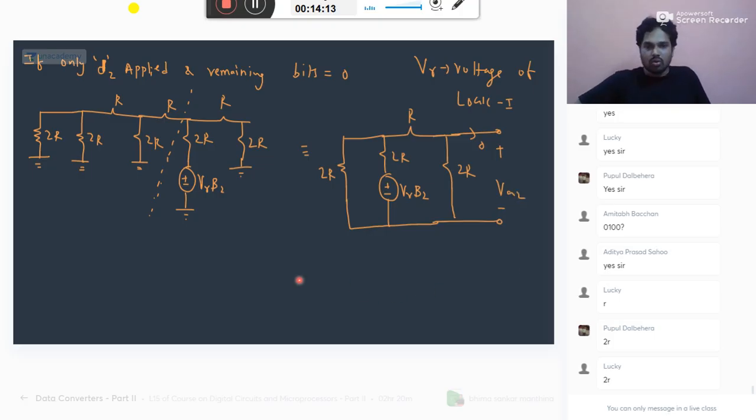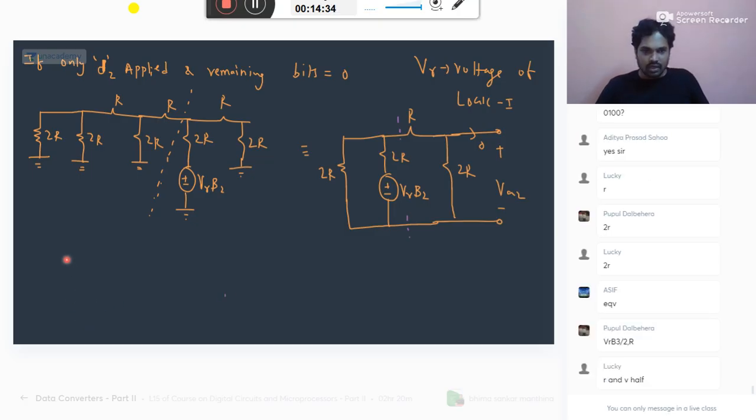Okay, so now listen here. Voltage source series with resistance, parallel with resistance, same as previous case. You can replace that part with what? Tell me.